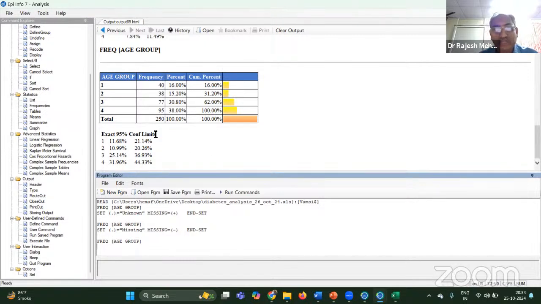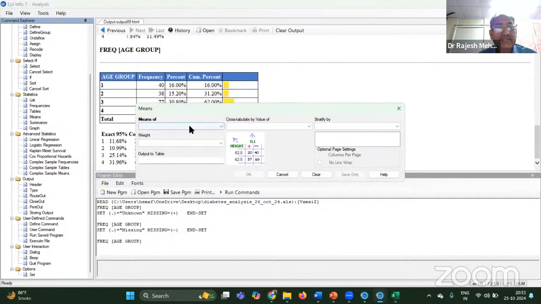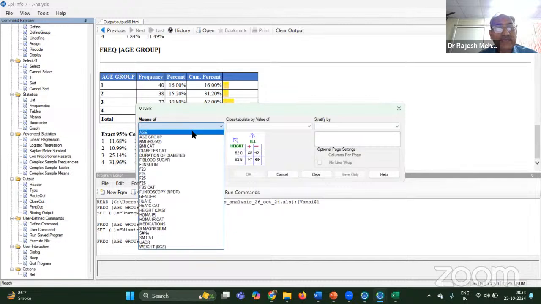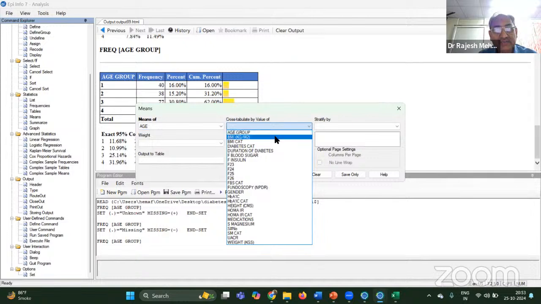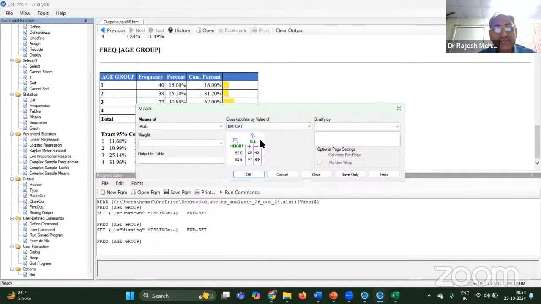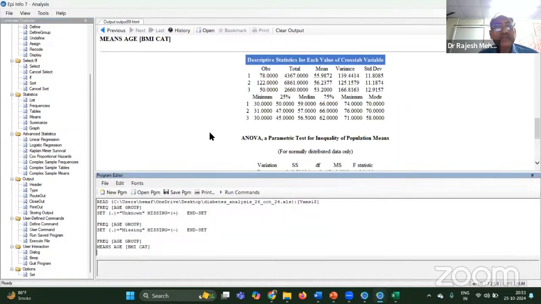Now, the first thing we would like to know is whether there is any difference in the means of age versus BMI category. You can see the BMI category 1, 2, and 3, and the age is 55, 56, and 56.